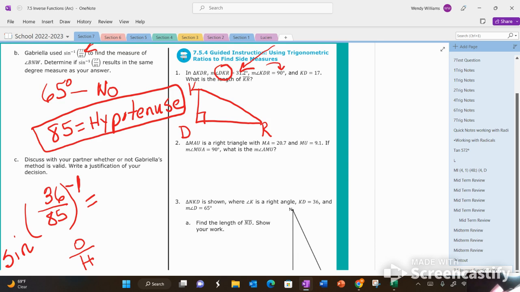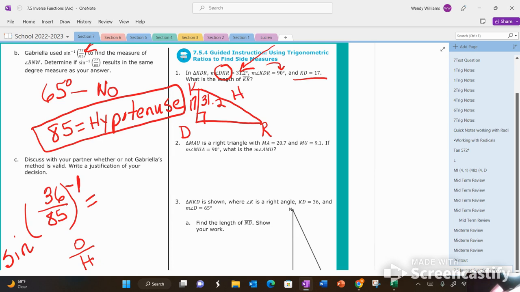So K is the vertex, so this is 31.2. The distance of K to D is 17. What is the length of K to R, which is the hypotenuse?